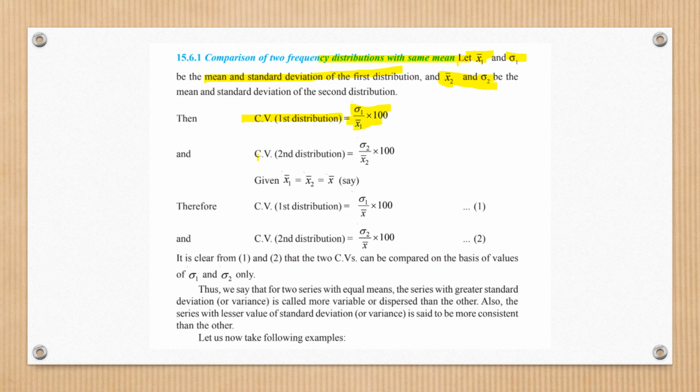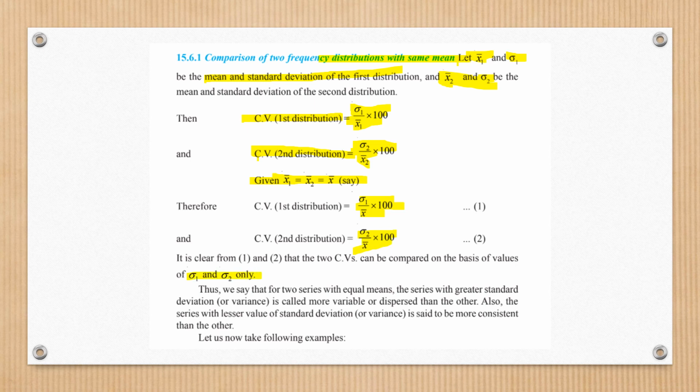For the second we calculate it as sigma 2 upon x2 bar into 100. We use this when the mean is the same, so x1 bar equal to x2 bar can be taken as x bar. So the formula becomes sigma upon x bar into 100, as the mean is the same.